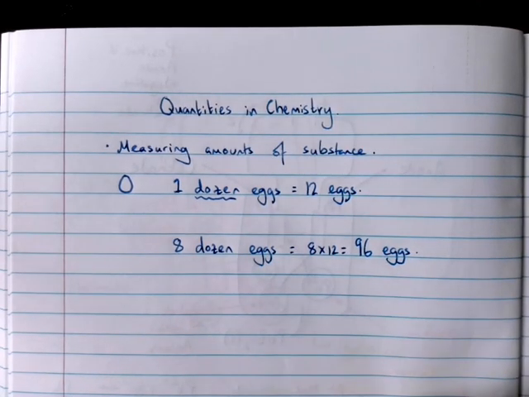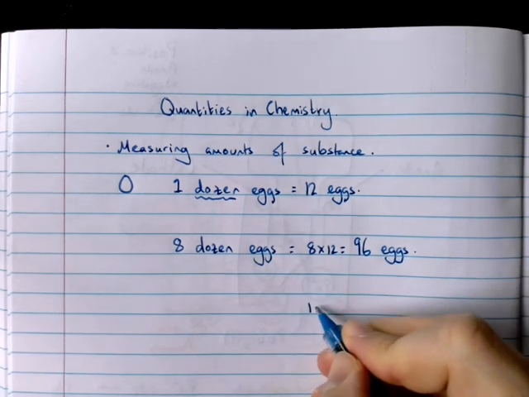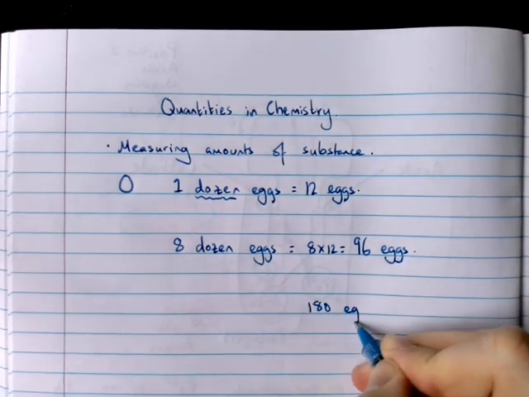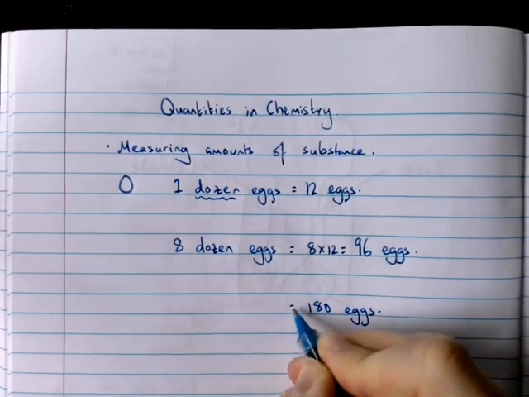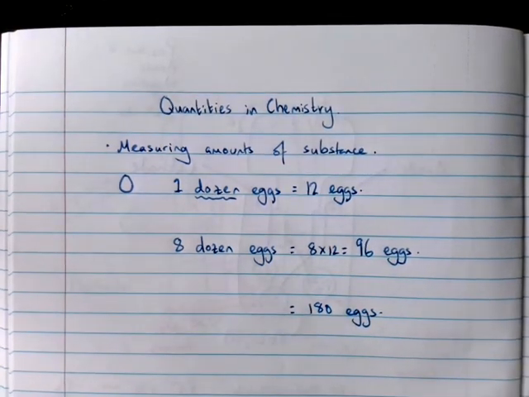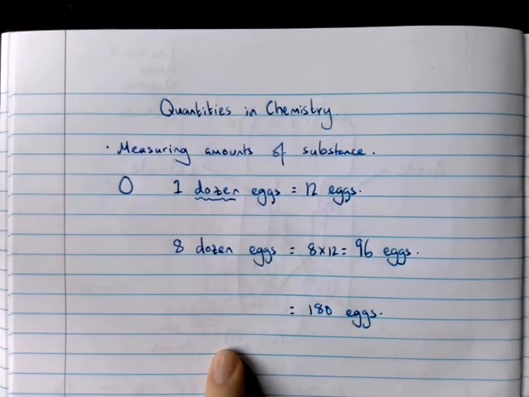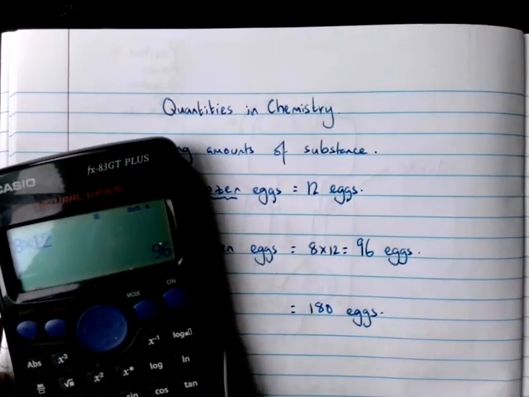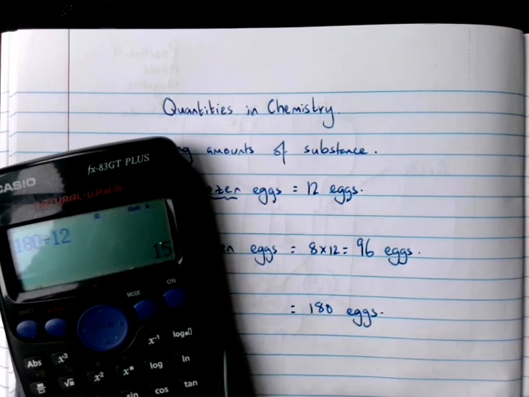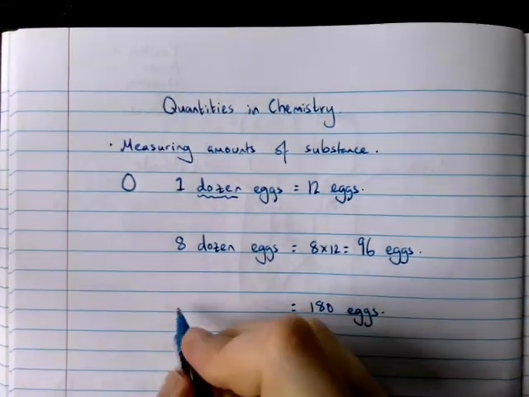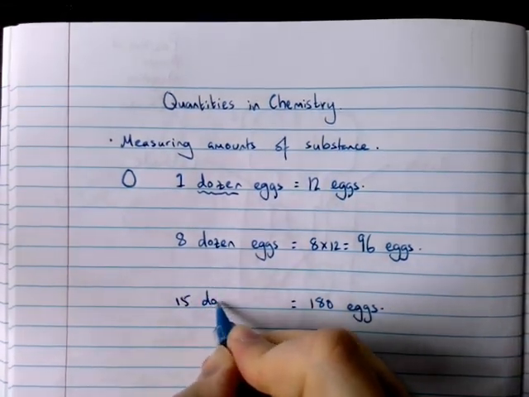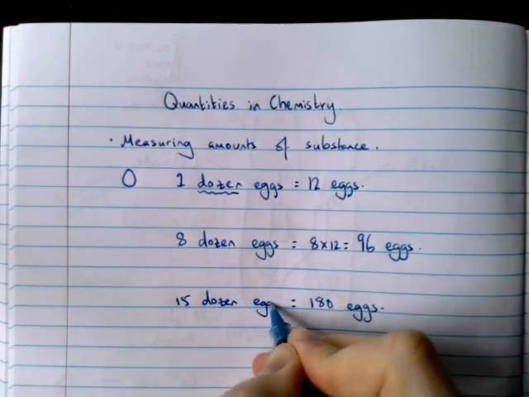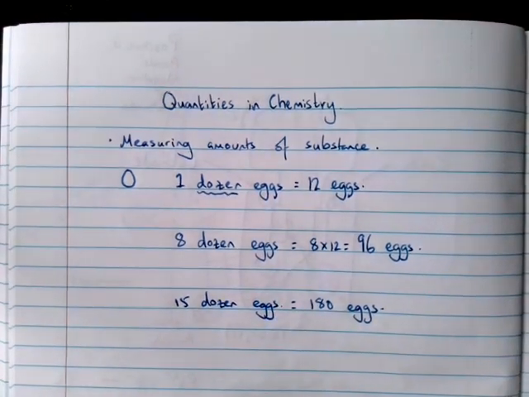Let's suppose that I have 180 eggs. How many dozens would that be? To go from my number of eggs to my number of dozens, I would need to divide by 12. So 180 divided by 12 gives 15. So 15 dozen eggs gives me 180 eggs.